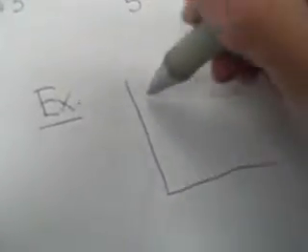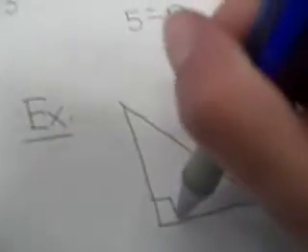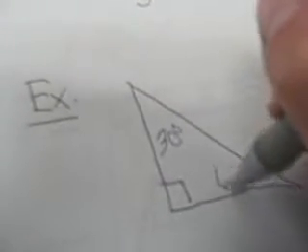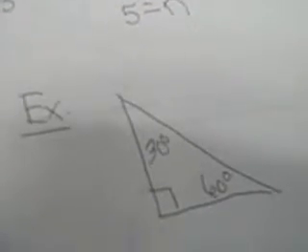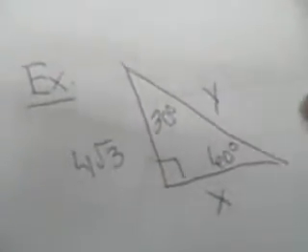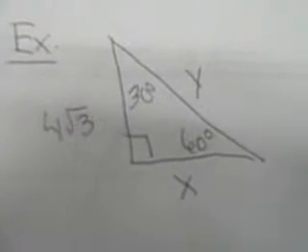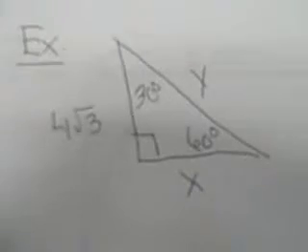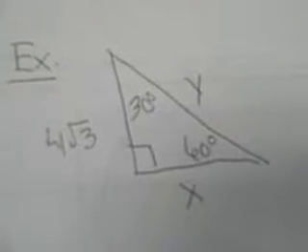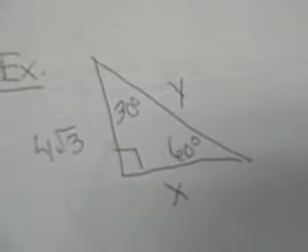Let's try another example. In this example, I've labeled the side across from 30 x, the side across from 60 4 times the square root of 3, and the side across from 90 y.